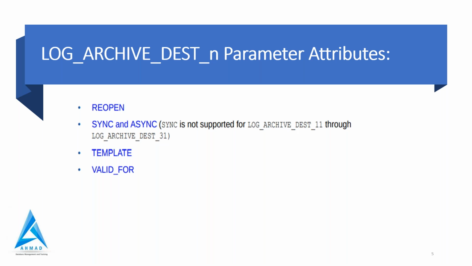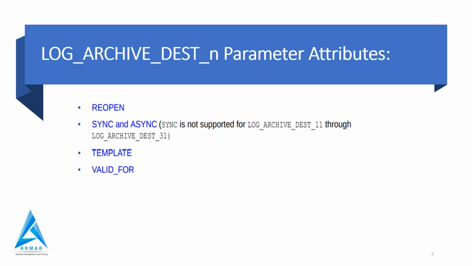So if you configure log_archive_dest_1 to log_archive_dest_10, the destination must contain either a LOCATION or SERVICE attribute. But log_archive_dest_11 to log_archive_dest_31 will contain only SERVICE attributes, and all other attributes are optional.